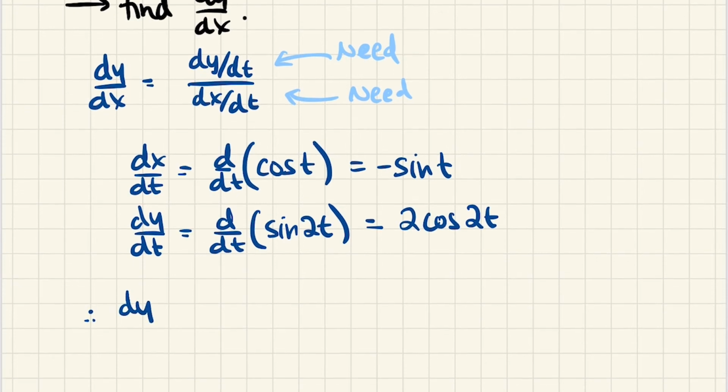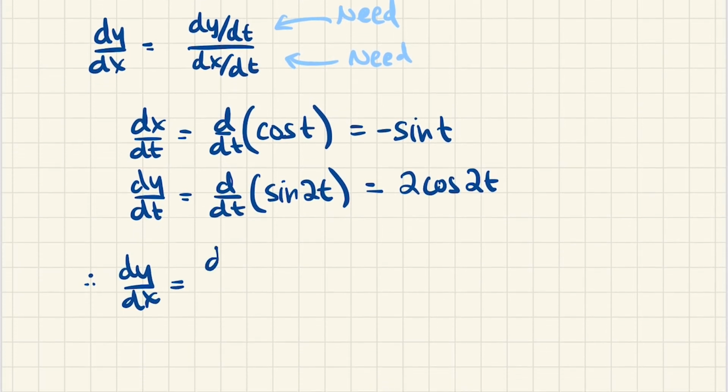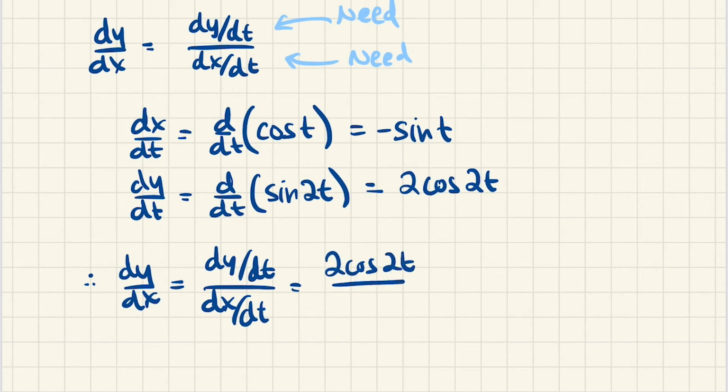So therefore, dy/dx, which of course is this, will be dy/dt, so that's 2 cosine of 2t, divided by dx/dt, which is negative sine of t. All we're interested in here is figuring out what t values are where this derivative is equal to 0 and what the t values are where this derivative is undefined.